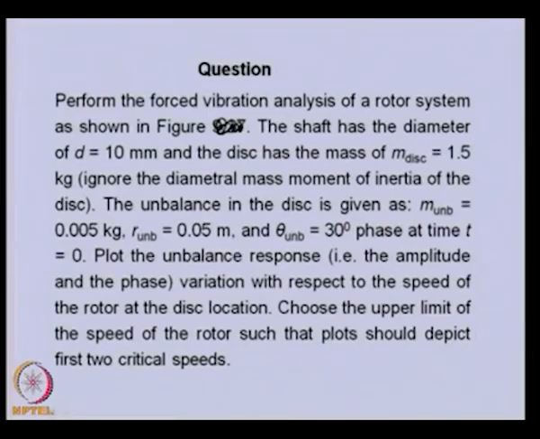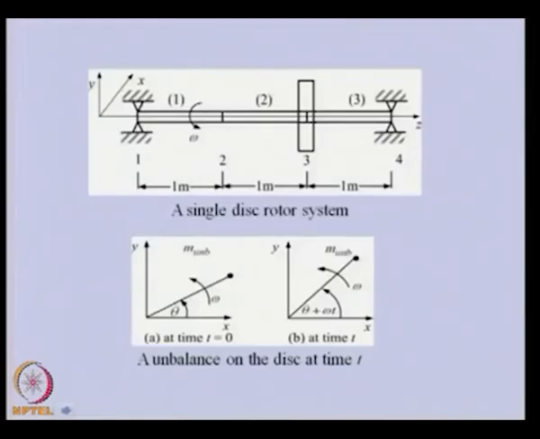So, in this particular case, this is the similar simply supported beam. Only thing is, we are now keeping a disc here. For illustration, again divided into 3 elements, and at node 3 I am keeping one disc, and in this disc we will be keeping some unbalance.